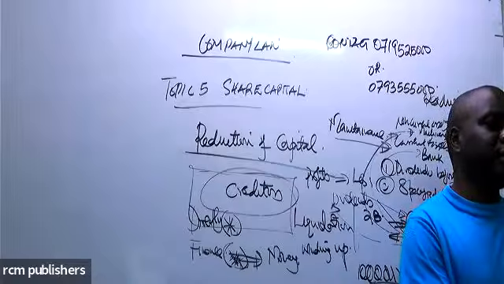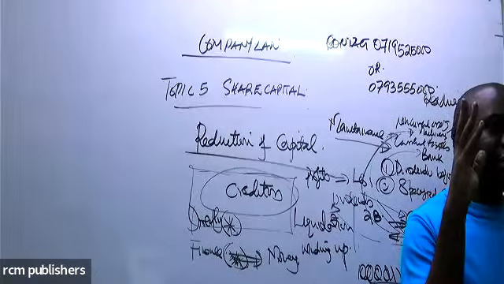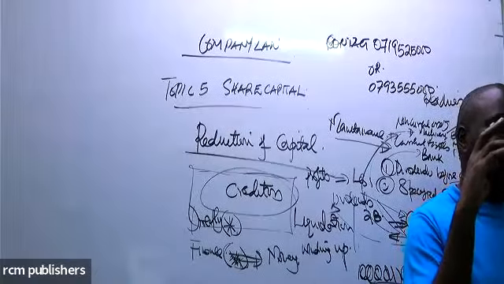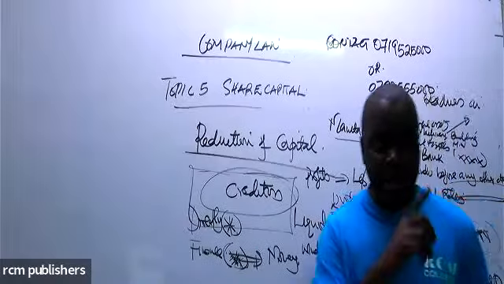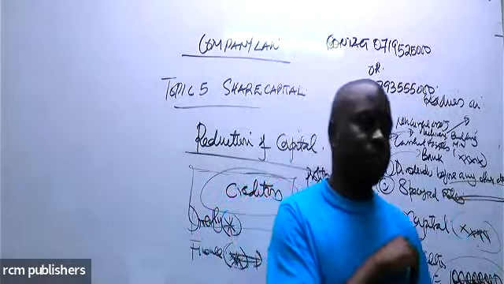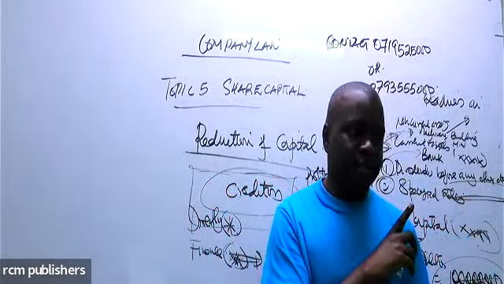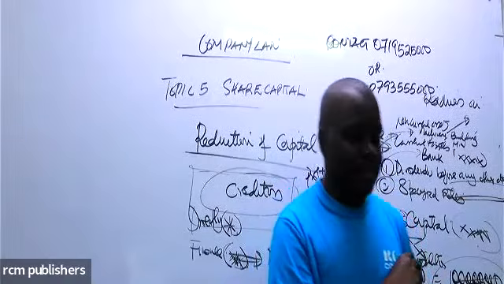And then it's about publishing the books of accounts. In a private company it's not mandatory to publish, but in a public company it is mandatory. Directors: in a private company, you can have just one director. In a public company, at least 2 directors. Very correct.